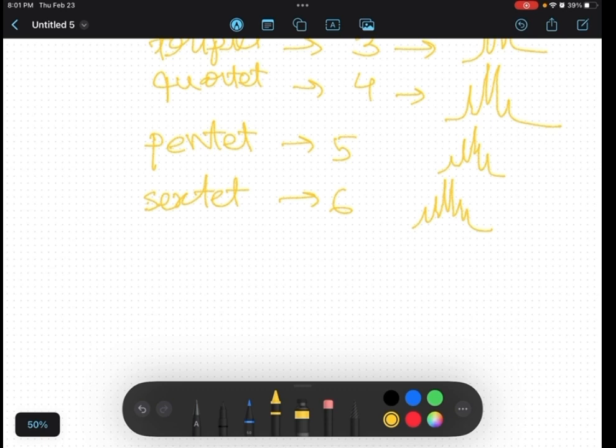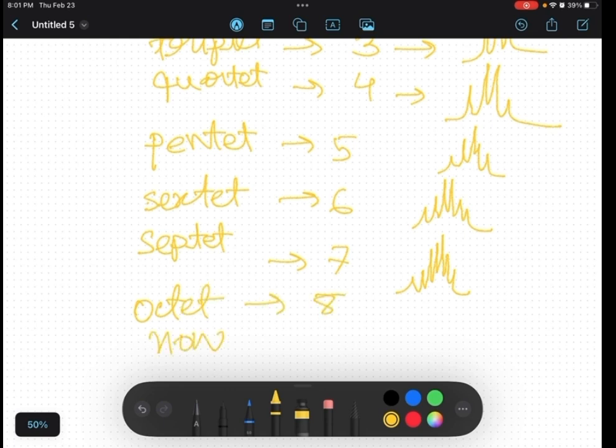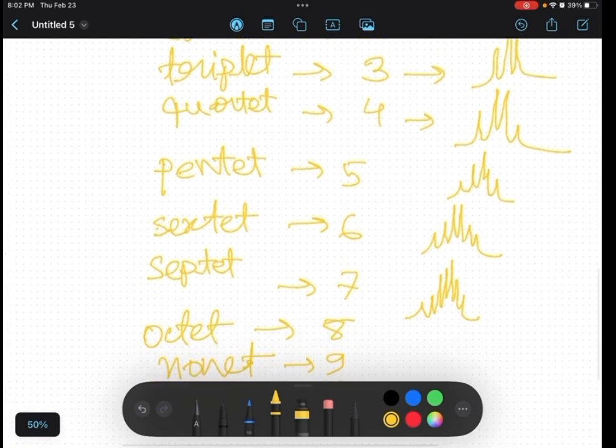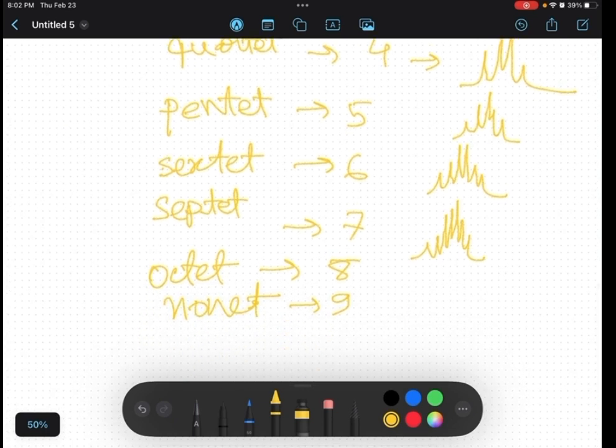Then septet, multiplicity 7: 1, 2, 3, 4, 5, 6, 7. Then octet, multiplicity 8, and nonet, multiplicity 9.